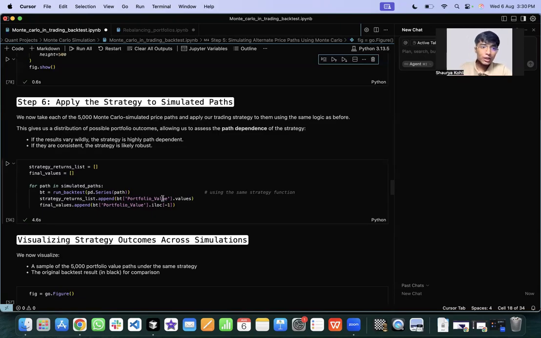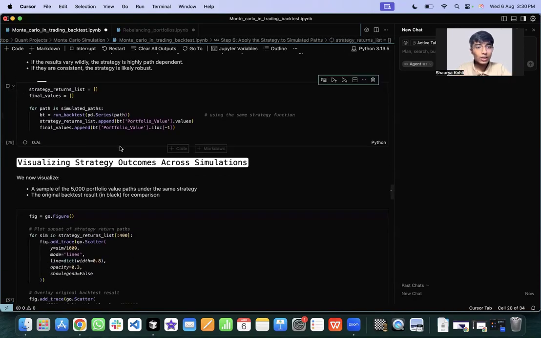If the results vary widely, the strategy is highly path dependent. Remember this. And if there's consistency, that means the strategy is really robust. That means it is on the right track. Your strategy is great in this case.